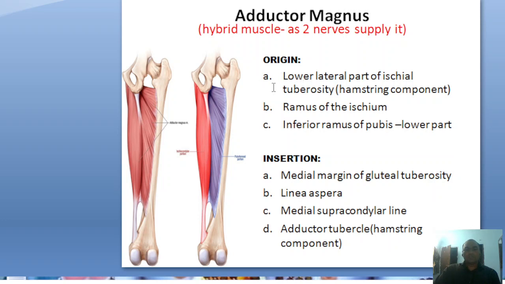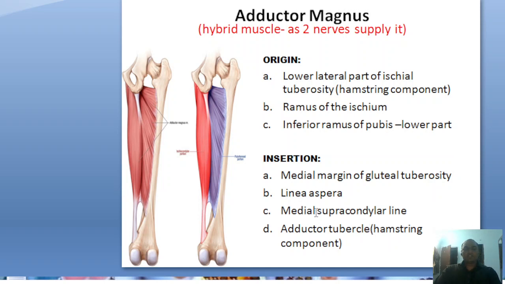Origin: hamstring part arises from the lower lateral part of ischial tuberosity; the adductor part from the ramus of ischium and inferior ramus of pubis. Insertion: medial margin of gluteal tuberosity, linea aspera, medial supracondylar line, and adductor tubercle on the medial condyle of femur.